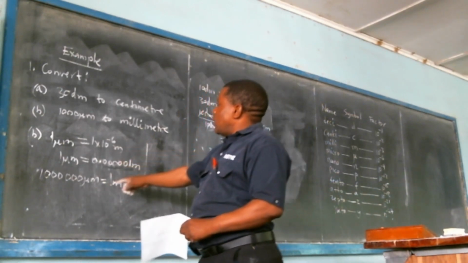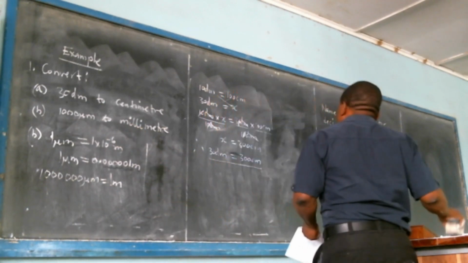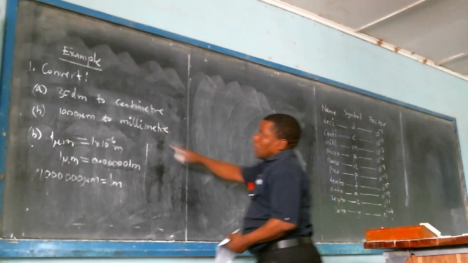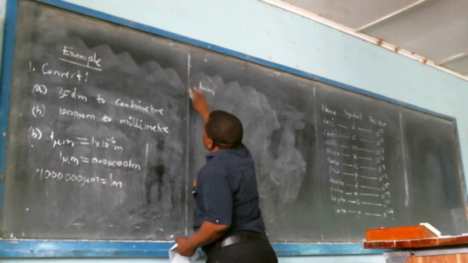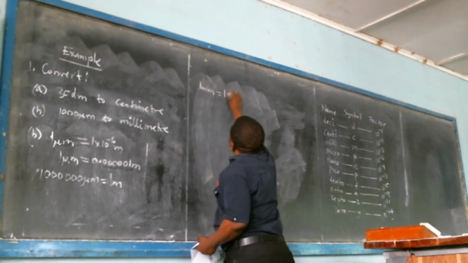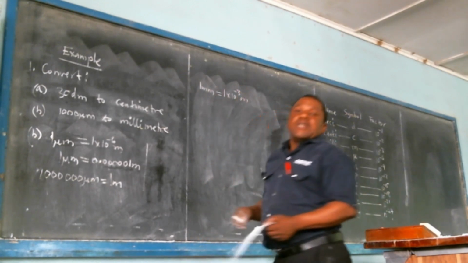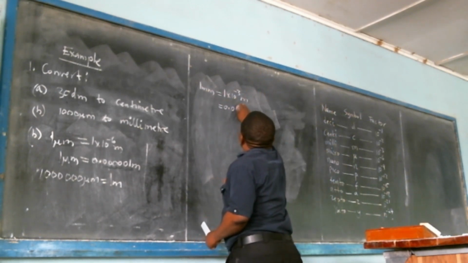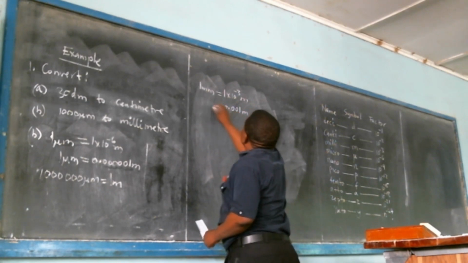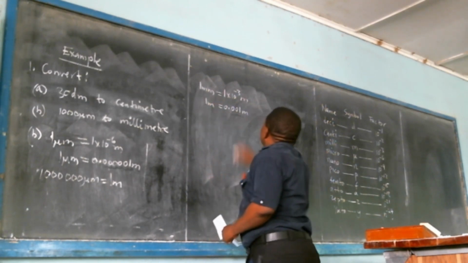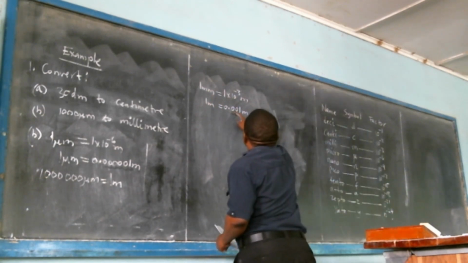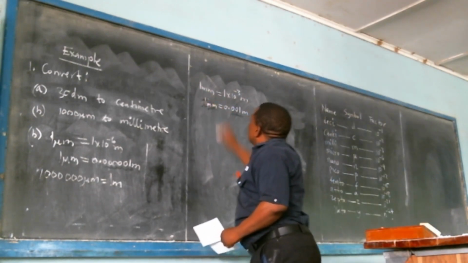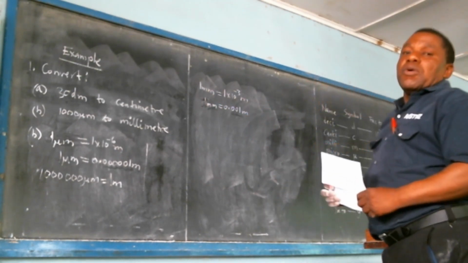We also need to make a standard scale for millimeter. So we start with 1 millimeter, which is the same as 1 times 10 to the power of negative 3 meters. 1 millimeter is the same as 0.001 of a meter.